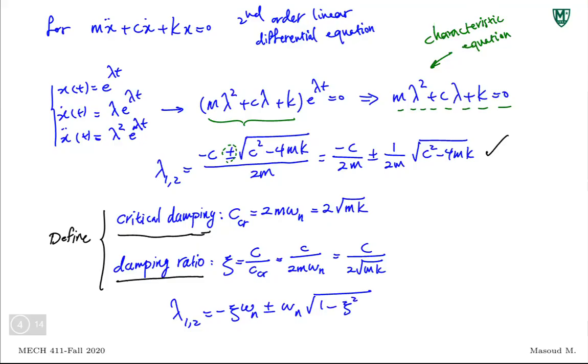If we put it correctly, the other way around, zeta squared minus 1. You should be able to get this by plugging in these two definitions.